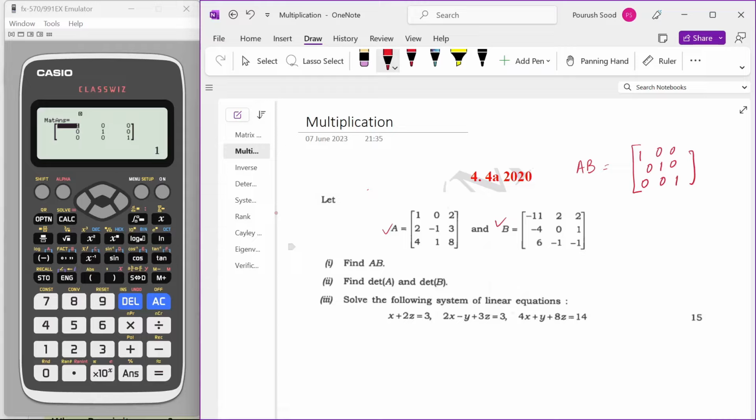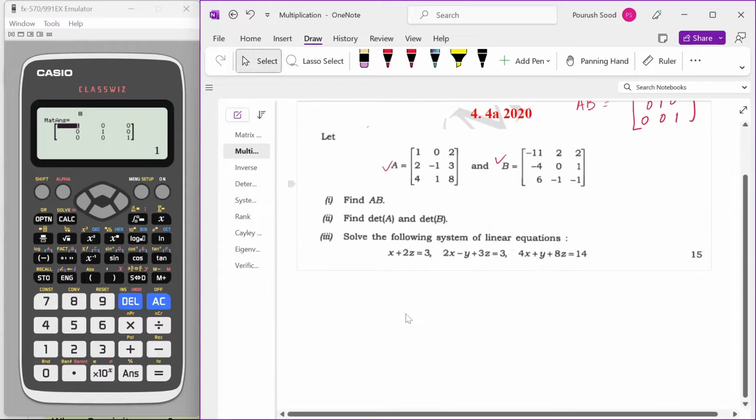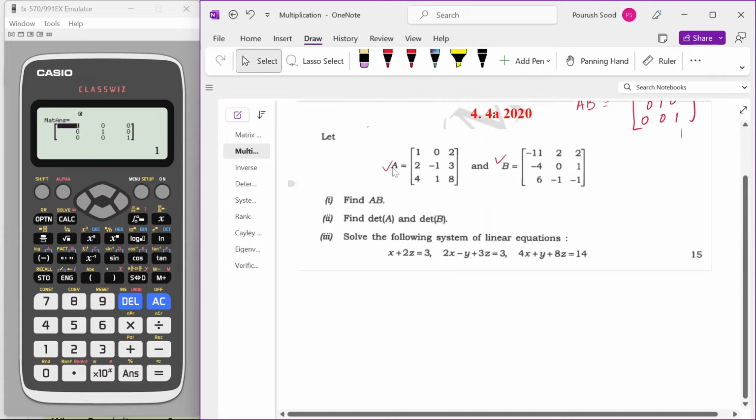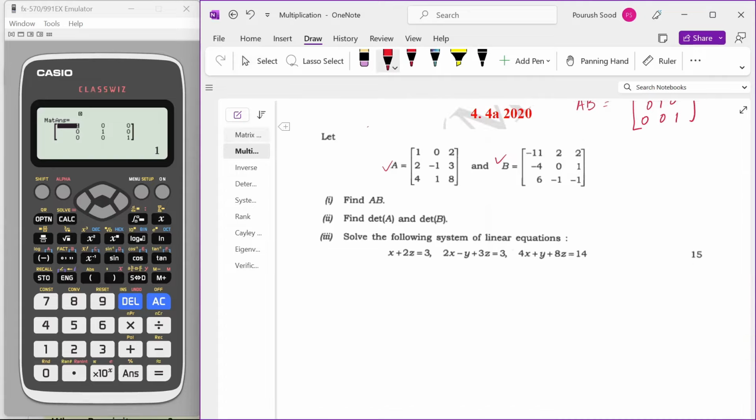Now in the examination, we'll have to calculate matrix multiplication in plenty of problems. So how would we actually write this in the examination? What I used to do was I used to write AB is equal to 1 0 2 2 minus 1 3 4 1 8 times minus 11 2 2 minus 4 0 1 6 minus 1 minus 1.